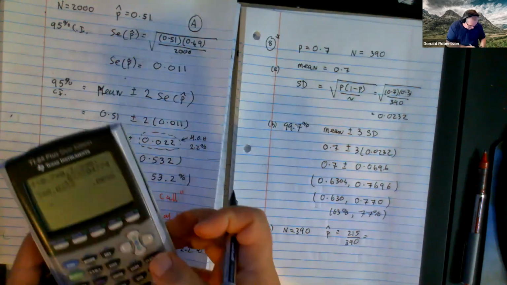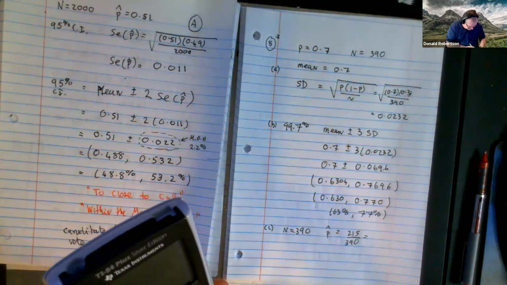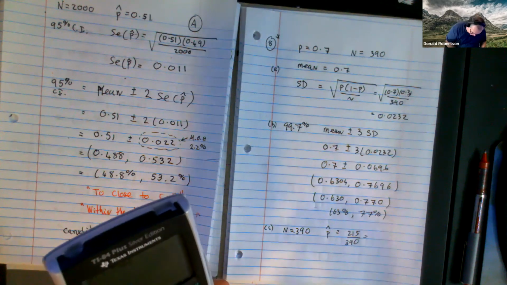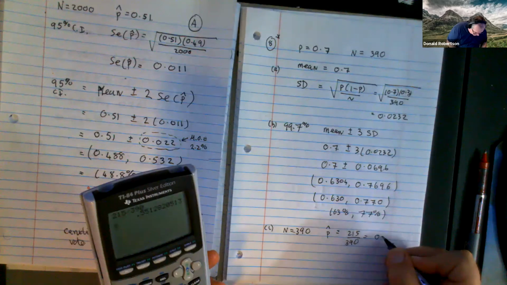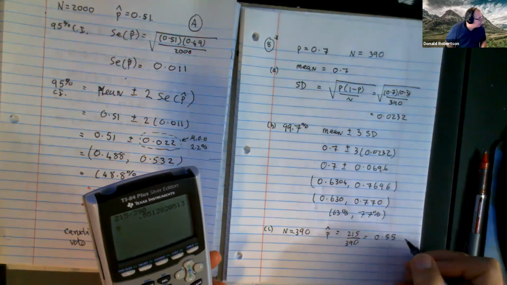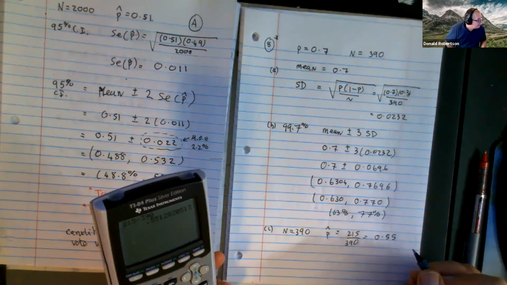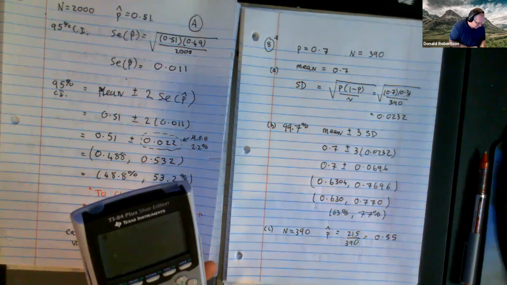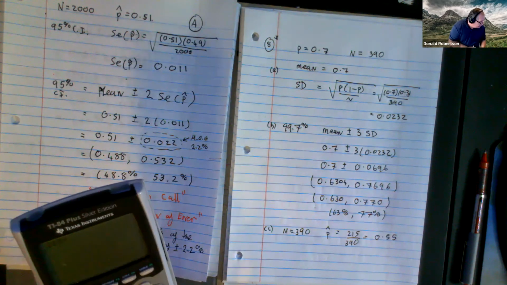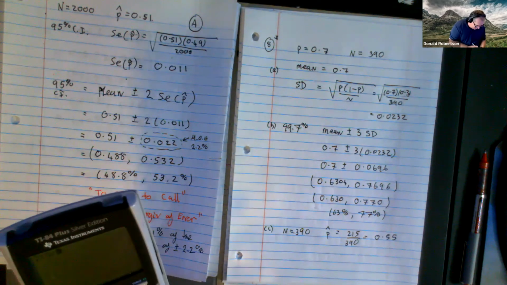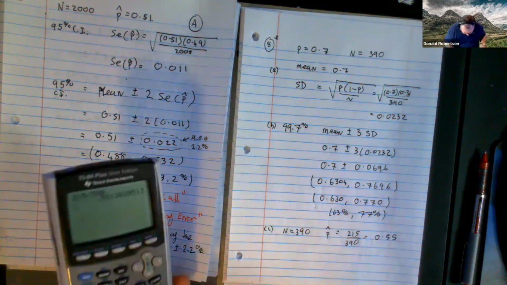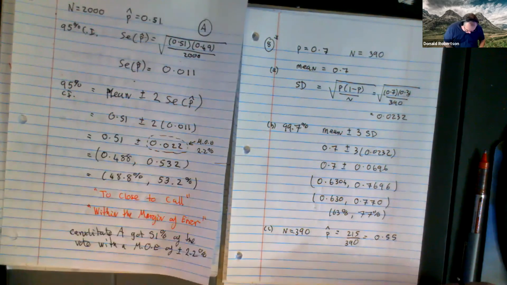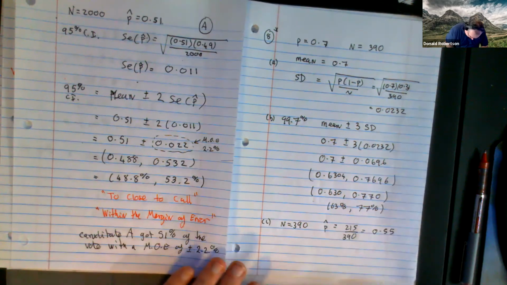So 215 divided by 390 ends up being 0.55, which by the way is 55%.